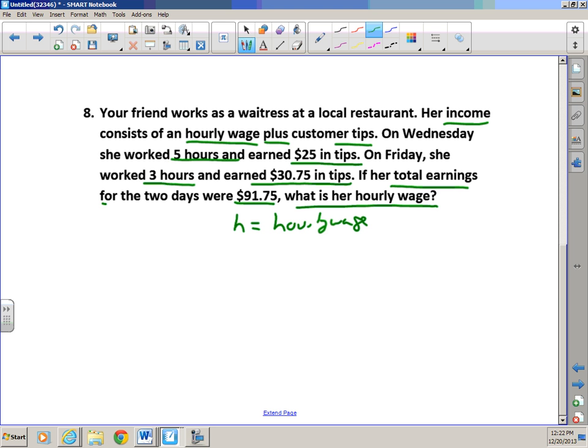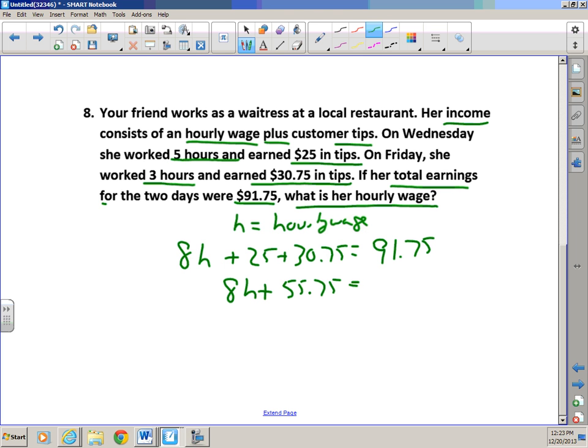Now, how much in total did she work? Well, she worked 5 hours and 3 hours, or 8 hours, and she collected $25 and $30.75 in tips, and in total she made $91.75. I combine my like terms. I subtract out.